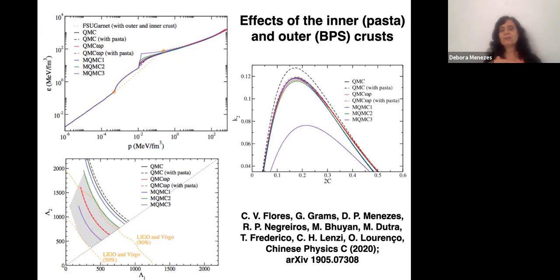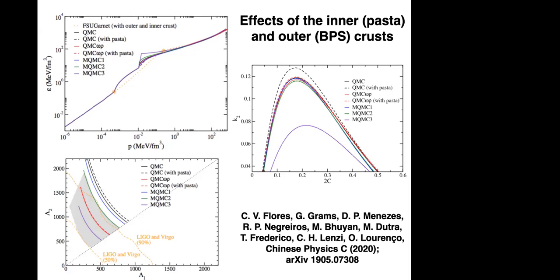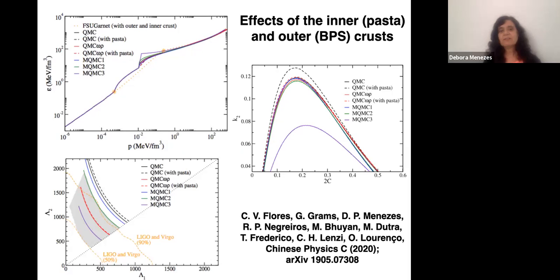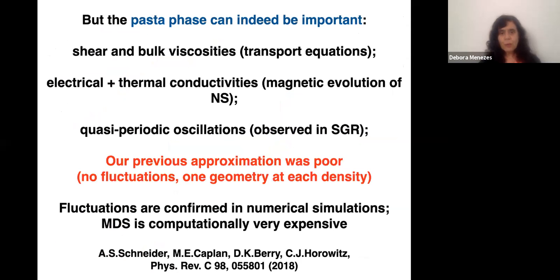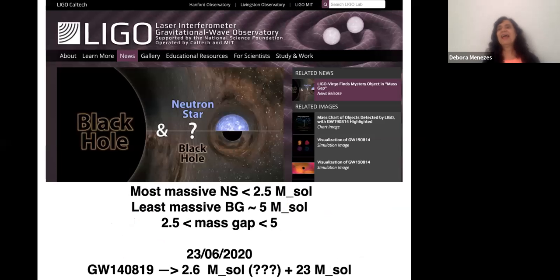Although if you look at k2, let's look at two red curves, for instance, or two black curves, they are different if we have, or we do not have, included the pasta phase. But if we look at the polarizability, we have that these two curves lie very close together, so it's really not very important. So I'll skip this and this and this, and then I'll go back to some recent LIGO detection.